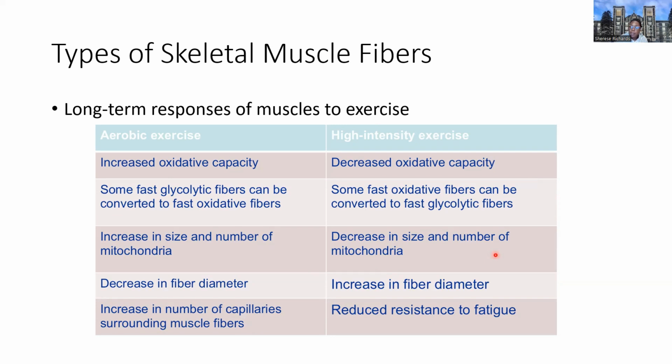So again, this is why bodybuilders physically get bigger as they lift heavier weights, because it's a higher intensity exercise and it will condition your muscles to just physically be bigger, fiber diameters to be bigger. And then there's a reduced resistance to fatigue. So your muscles are going to fatigue quicker because they're more reliant on anaerobic glycolysis.